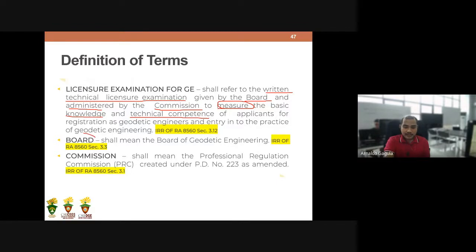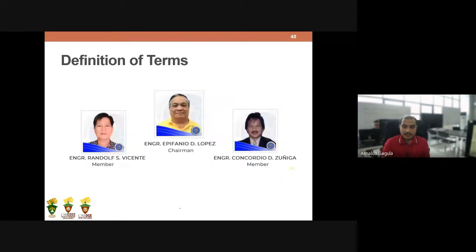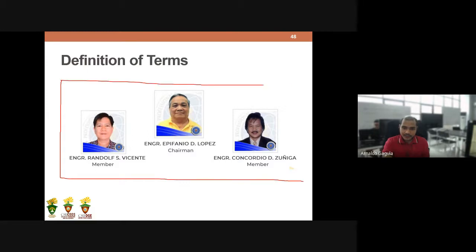Right, so when we say board, no, or definition of terms, board is the Board of Geodetic Engineering. And when we say commission, it's the Professional Regulatory Commission or PRC. So as of now, for the information of everybody, so this is the Board of Geodetic Engineers.